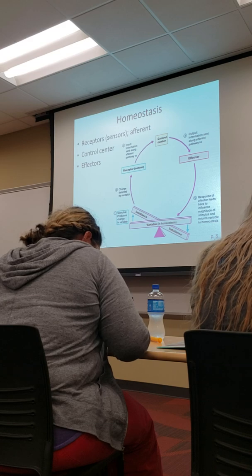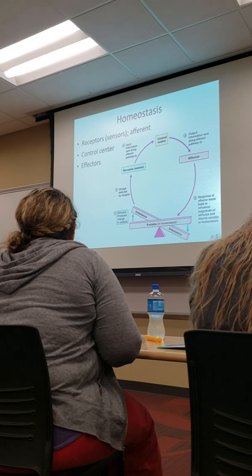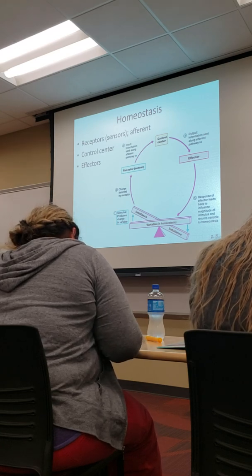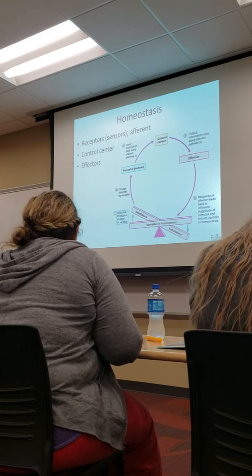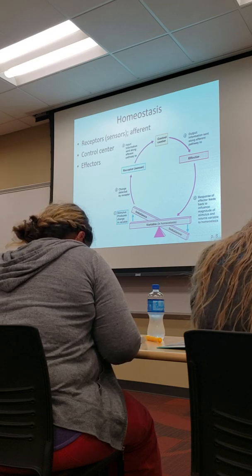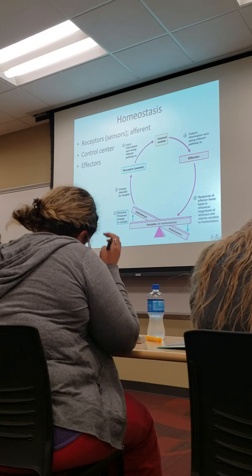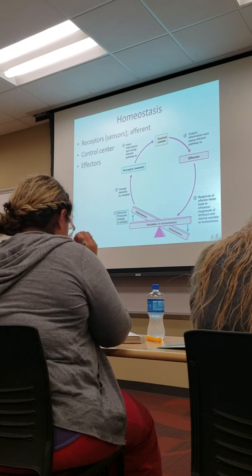So you put your hand on the hot stove, you feel the sensation of heat, and that is received by the receptors and goes up your nervous system or your afferent system to your spinal cord and maybe up to your brain. And that's the control center.